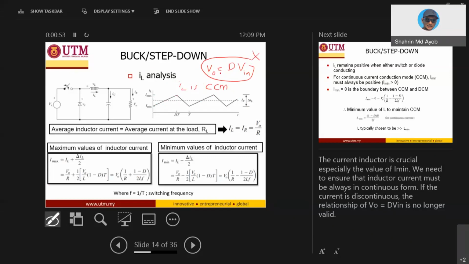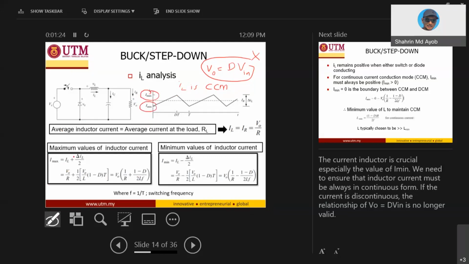The relationship between V out and V input that we have already obtained is no longer valid when the current is DCM. So we need to ensure that the current is always in CCM. That is why the IL analysis is very important. Right now we can see that for the current of the IL, we have I max and also I minimum.